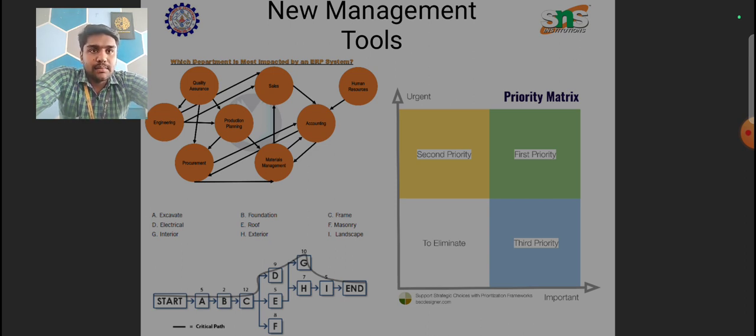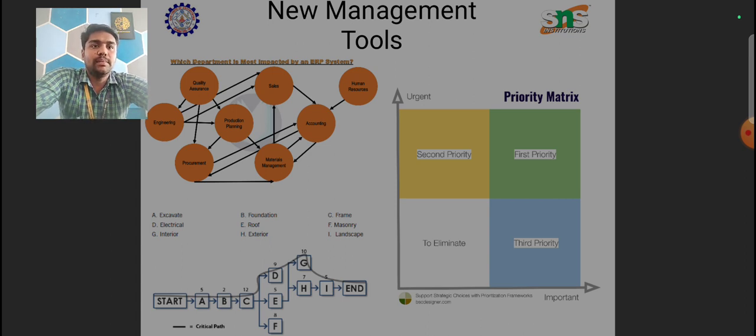Second comes the priority matrix. The priority matrix is categorized based on urgent and important. The most urgent and most important component is the first priority, and the second one is the second priority, which has the secondary output of the company.